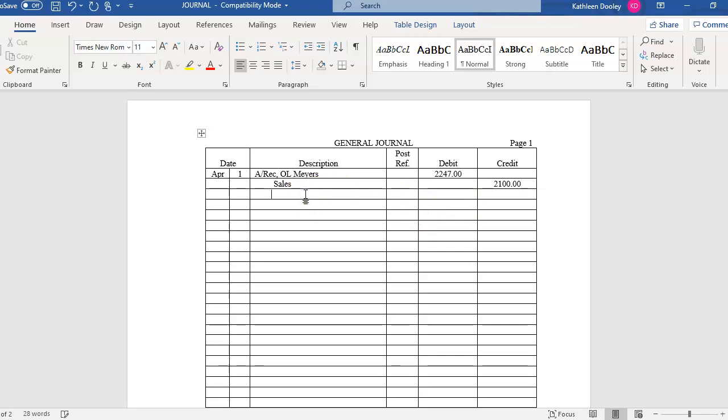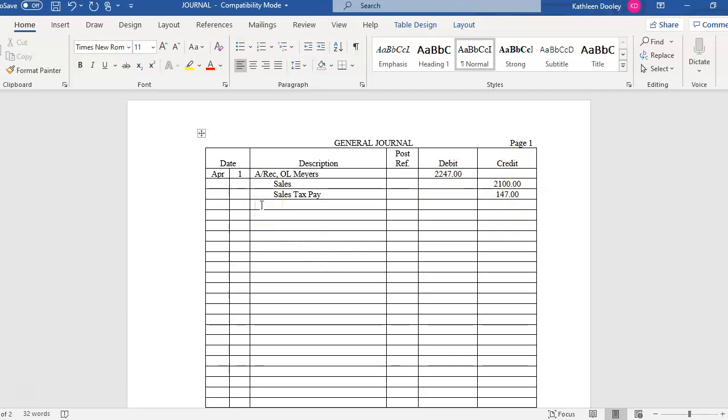And we also need to credit or increase our sales tax payable liability account. Sales tax payable, the amount that we now owe the state, which is $147. Now my debits equal my credits, so I'm good to go there.